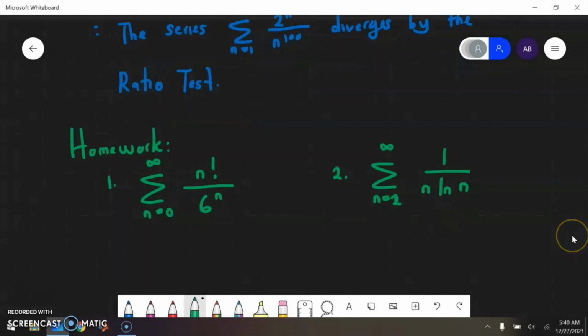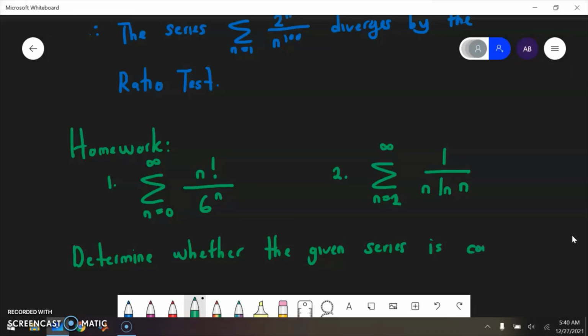What I want you to do is determine whether the given series is convergent or divergent.